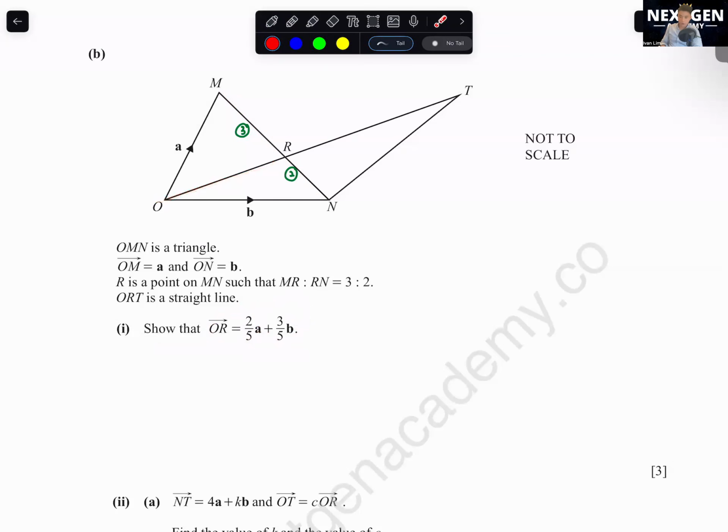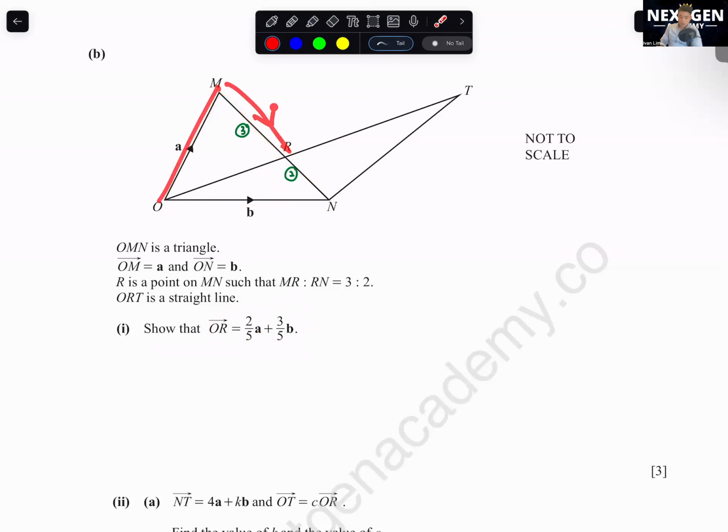Okay, how can I get OR? So we have to ask ourselves, how can I get to OR? I can go 2 paths. Here, OM plus MR or ON plus NR. Up to you, okay? Whichever path. Okay, I will go OM to MR. So I have OM ready.